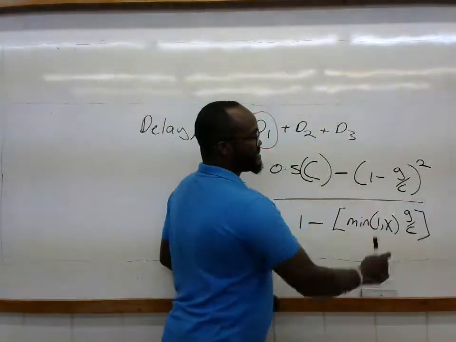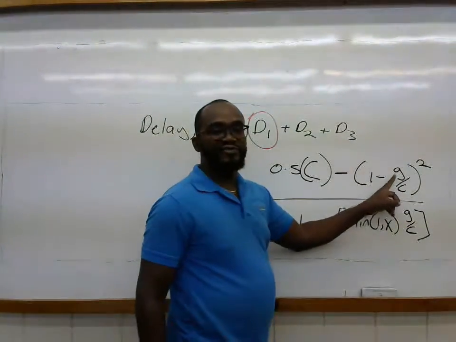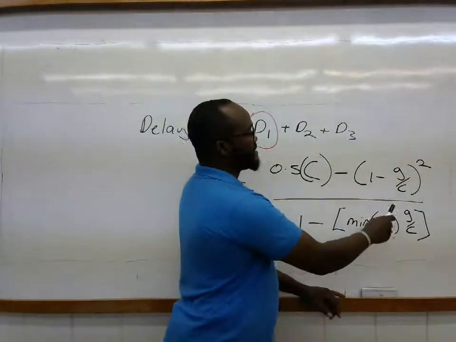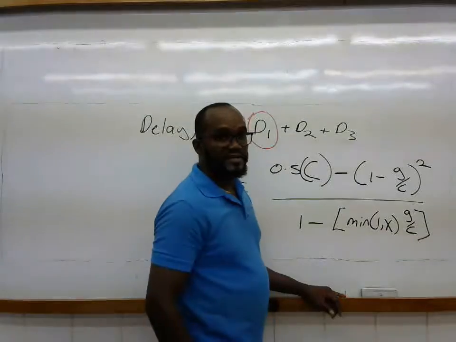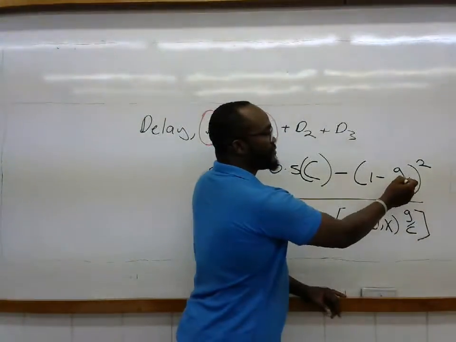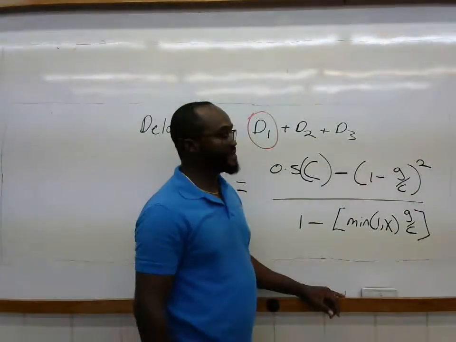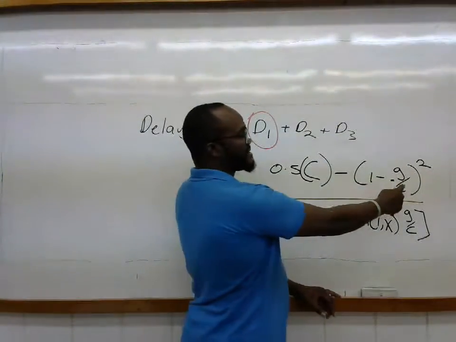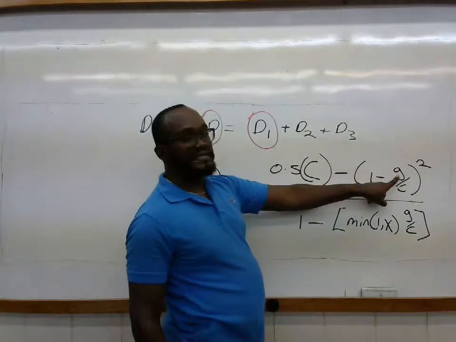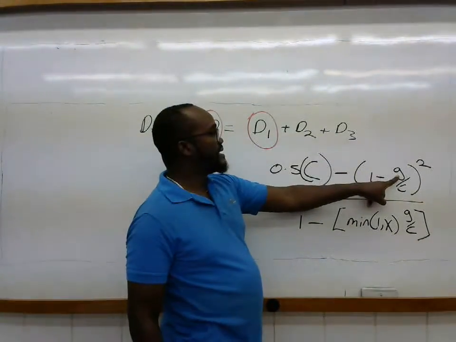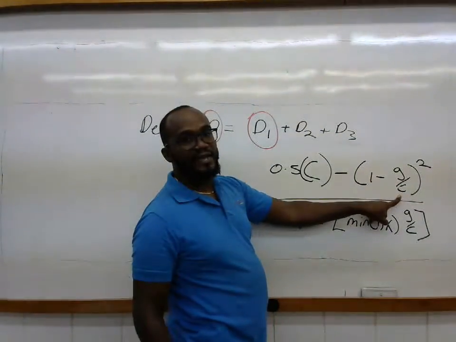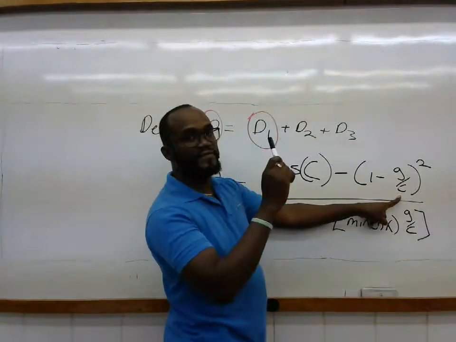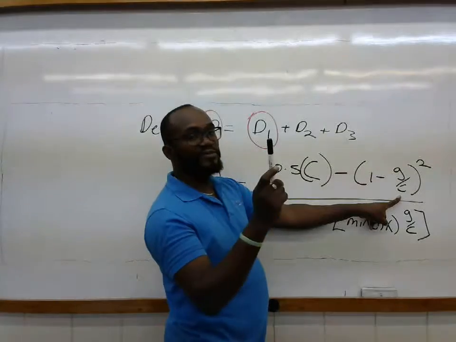G upon C is the ratio of green for the particular phase. So you have the cycle length, for example, and you would have had green time for a particular direction. So the delay in a particular direction would be the amount of green time for that particular direction divided by the overall cycle length for the intersection. Cycle length, again, being the time from the red phase to a subsequent red phase.